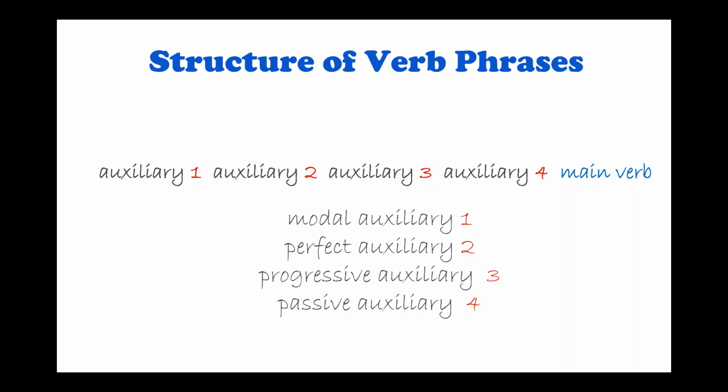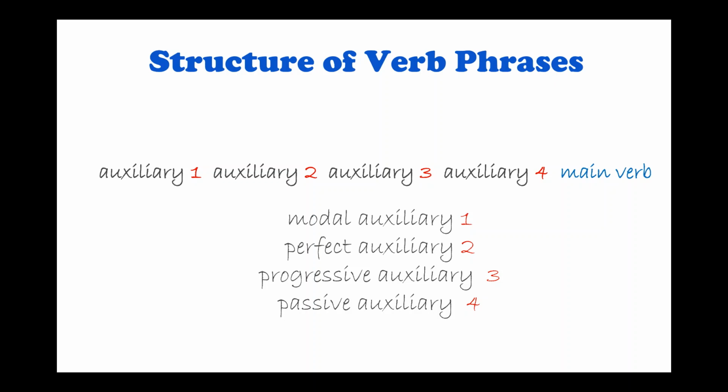One of the basic ideas that you need to keep in mind is that auxiliaries affect what follows. Meaning, the modal auxiliary has an effect on what follows. It could be followed by another auxiliary, or it could be followed by the main verb.